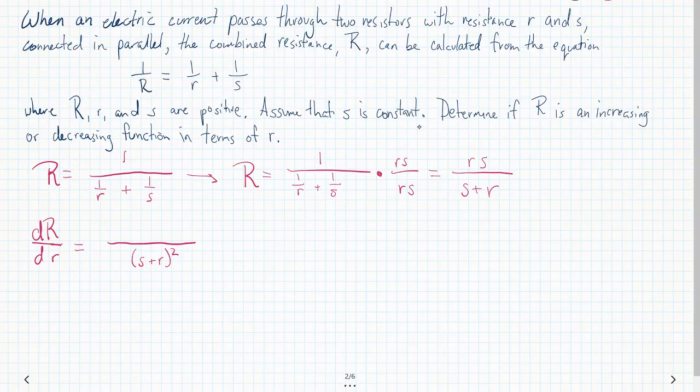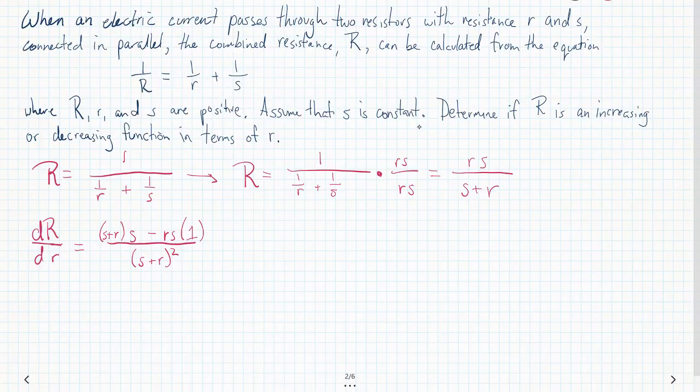So we get s plus r, the quantity squared. And then when we take the derivative of the top, remember lowercase r is our variable, so that means s is what's left over, and we multiply that by the denominator, which is s plus r. Then we leave the numerator alone, and we take the derivative of the denominator, which is just 1.